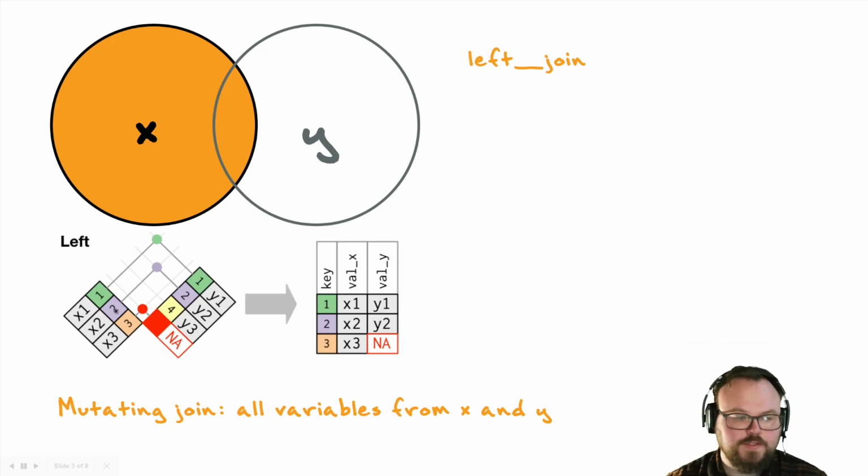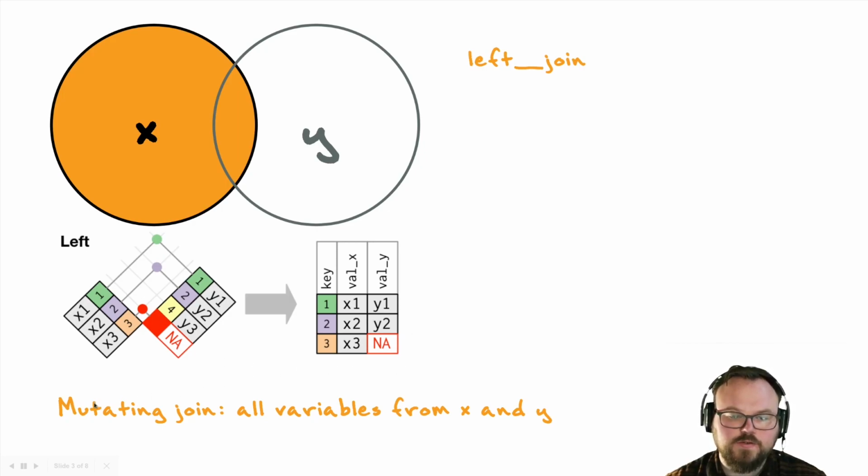The same happens for the observation where our primary key is 2, and we also have an observation in our second table where we have a foreign key with a 2, and we can therefore add y2 to our data frame. For the primary key 3, however, there is no relationship with any observation in the Y data frame, so we have to add an NA here.